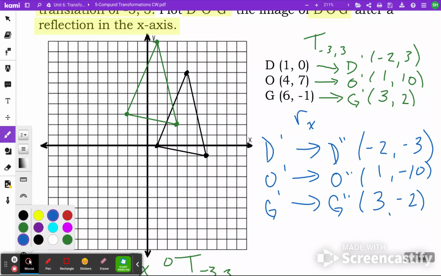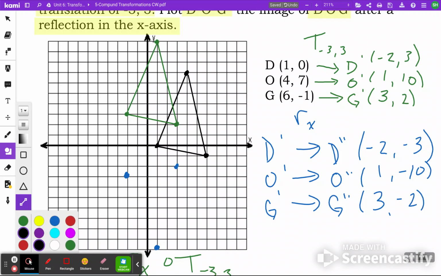And then we will go ahead and we will plot DOG double prime, which is -2, -3, 1, -10, and 3, -2. And you should be able to tell that that is the picture we just left off on, but flipped over the x-axis.